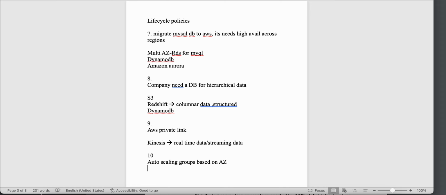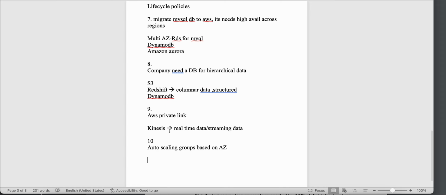So two options would be there. One would be to use auto scaling groups based on AZs. Another option would be to use auto scaling groups across regions.